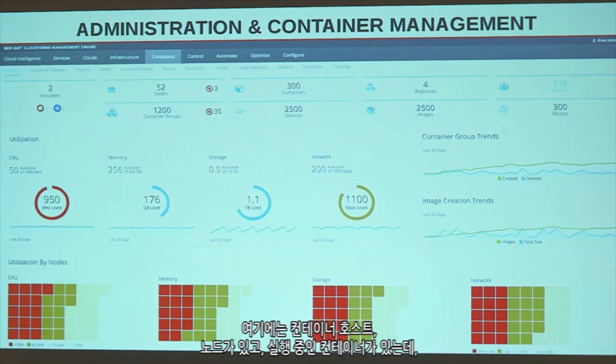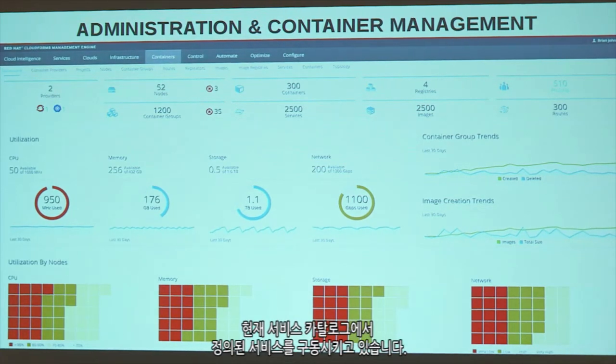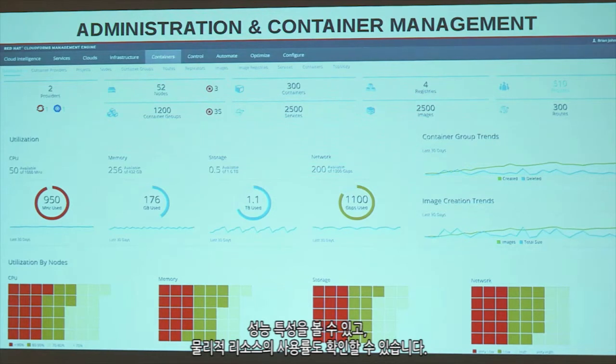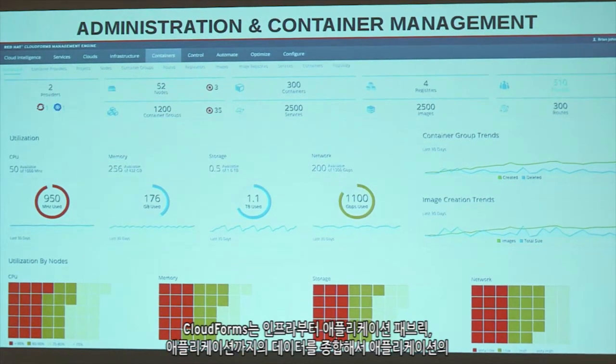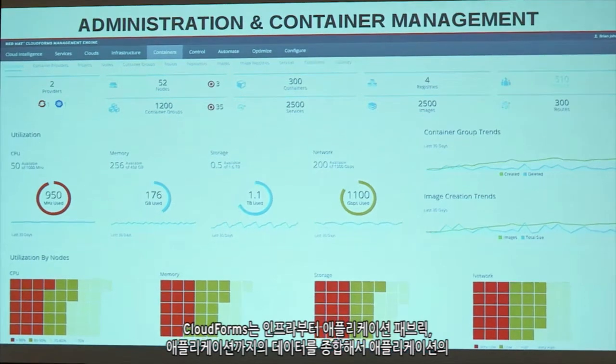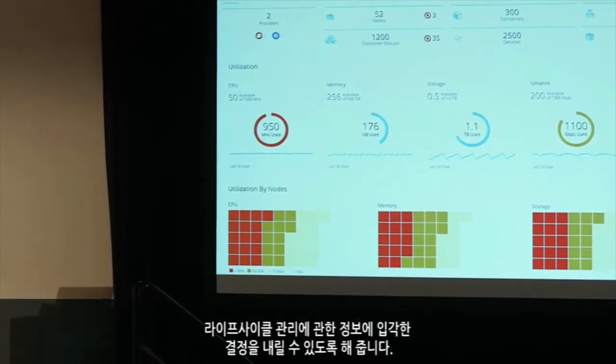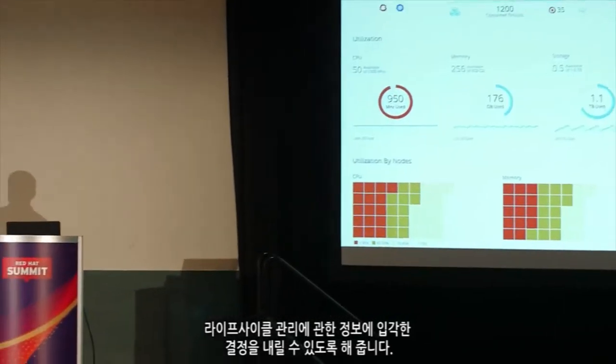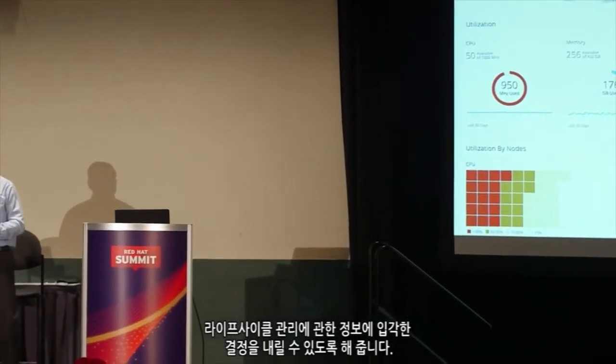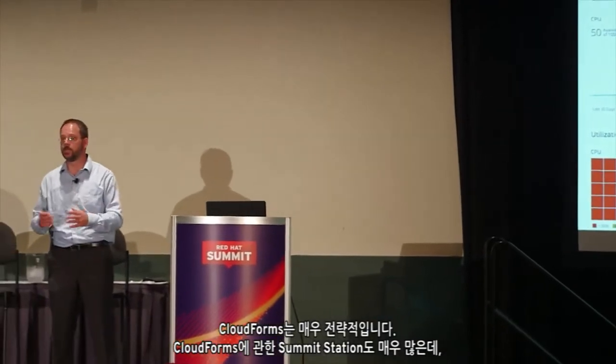There are container hosts, nodes, there are containers running there, driving services as they are defined in the service catalog. You see the performance characteristics. You see the utilization of the physical resources. CloudForms aggregates data from the infrastructure to the application fabric, all the way into the applications, and allows you to make informed decisions in managing the lifecycle of applications. CloudForms is very strategic. There are a number of Summit sessions also about CloudForms.